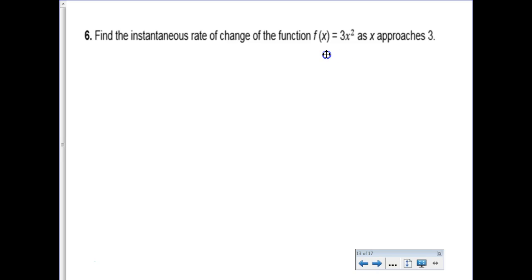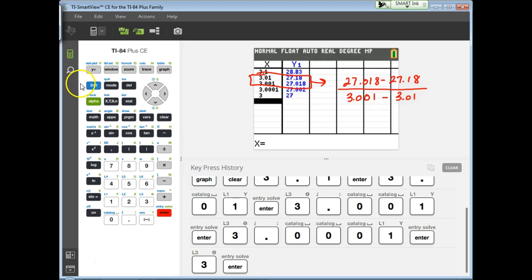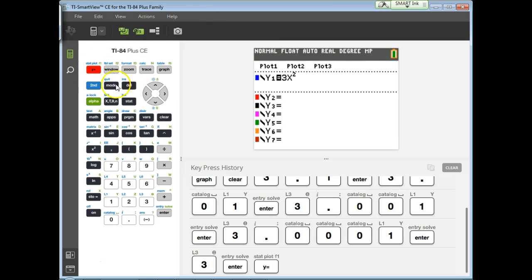Now, I'm not going to manually plug in like 3.01, 3.001, 3.0001. I'm going to use my calculator. So I want you guys to go to your calculator and type the function 3x squared into y equals. Then go to your table, and we're going to set up the table to be in what we call ask mode.